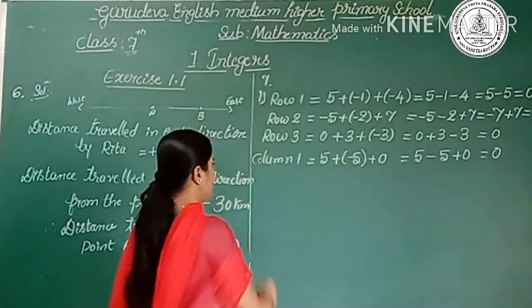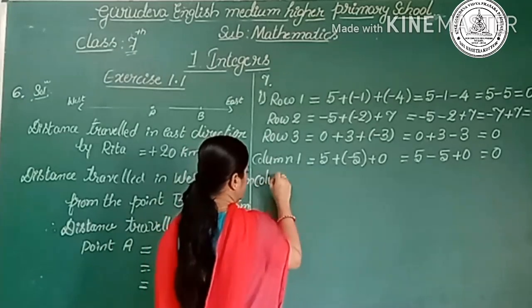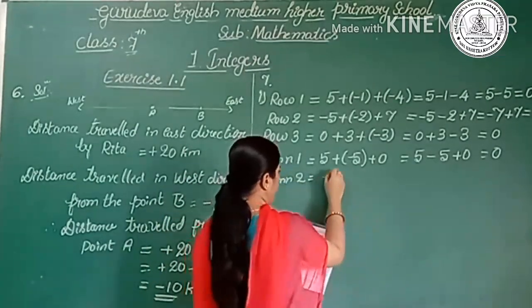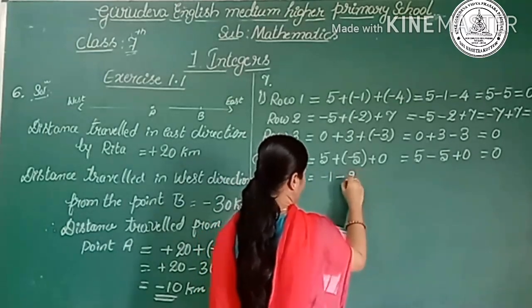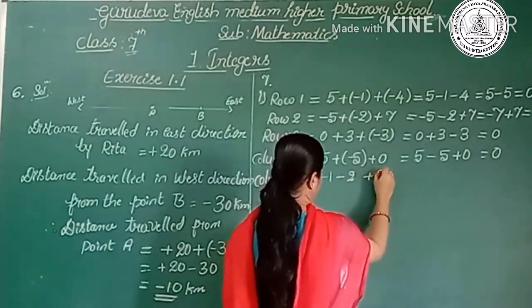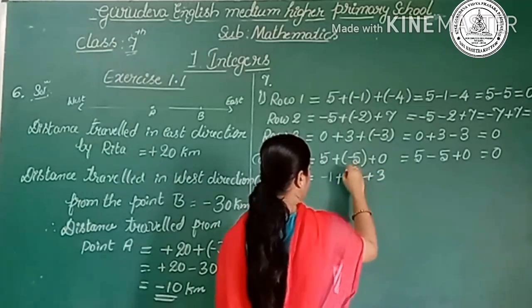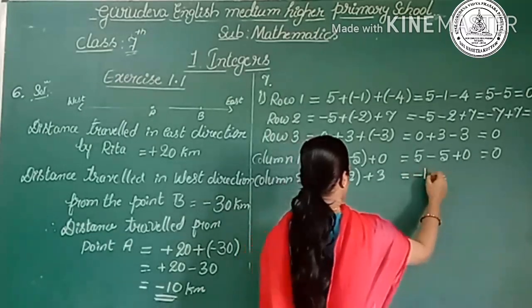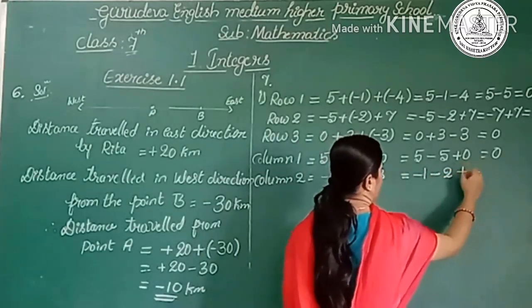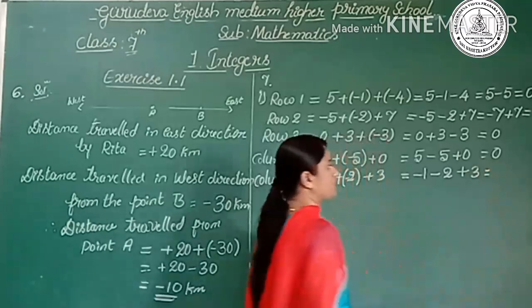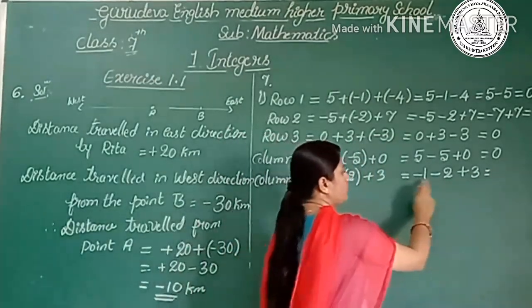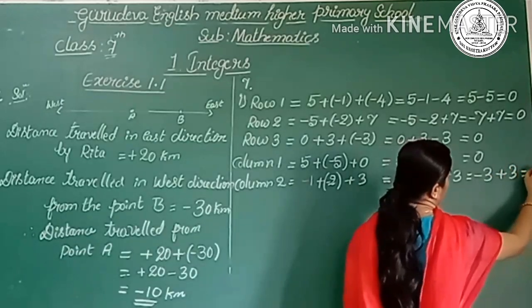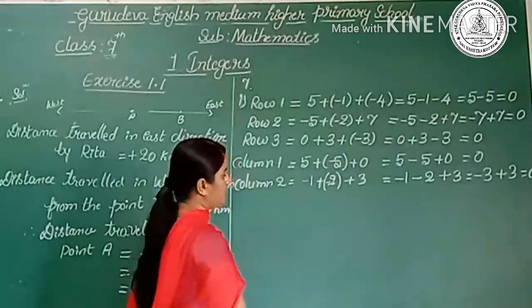0 plus 0 is 0. Then column 2: minus 1, minus 2, then plus 3. Minus 1 minus 2 is minus 3 plus 3, which is equal to 0.